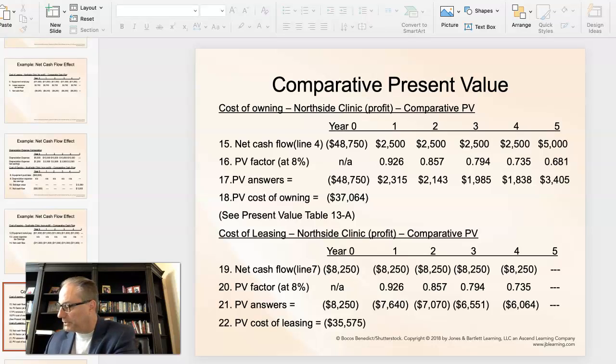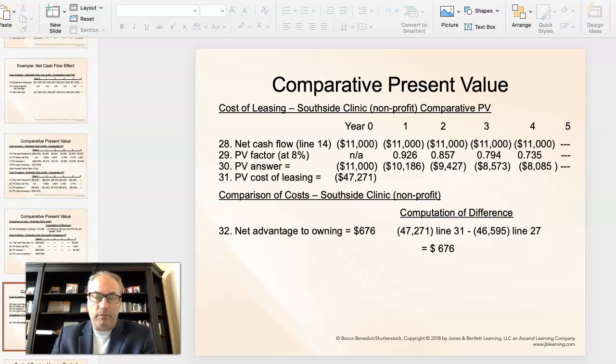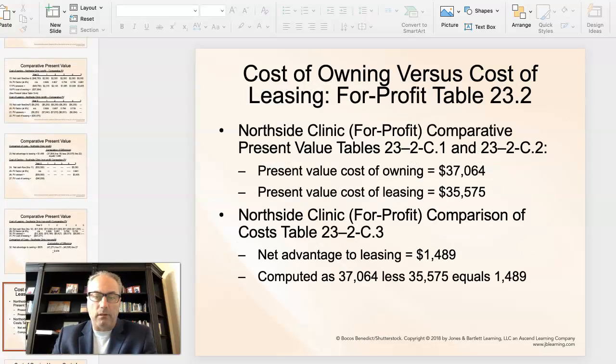I just rounded up. It's year 1 at 8% on page 141, and then you can do the calculation from there. Further, the same applies here. You're going to find your present value factor of 0.681 in the same place on page 141, and you can finish the calculation there.